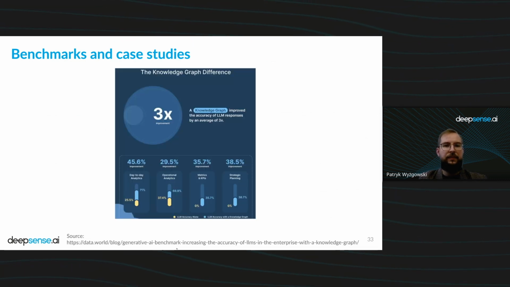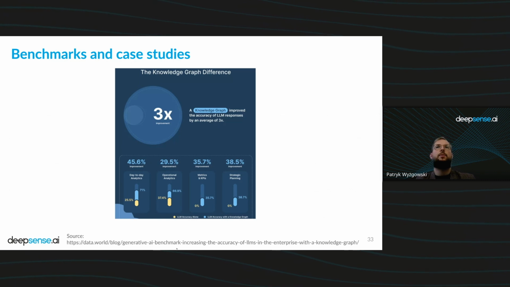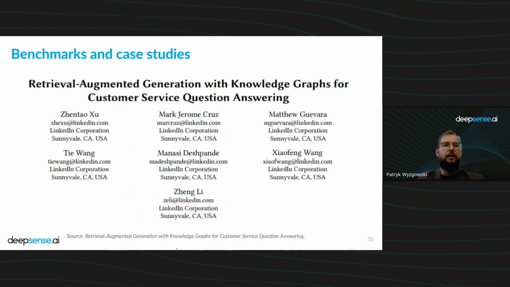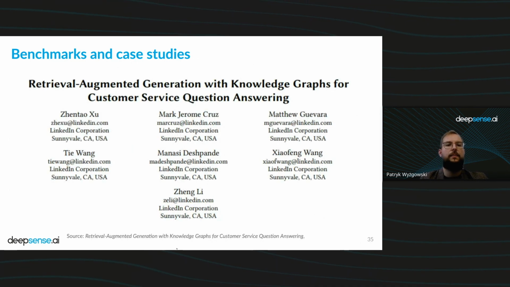And for the benchmark of other studies, when it was employed in some business-related questions, the knowledge graph allowed to actually do great because it allowed to improve the accuracy by 3 times on average, which is actually really great. There is also another paper about introducing this kind of solution into production, and it was done at LinkedIn.